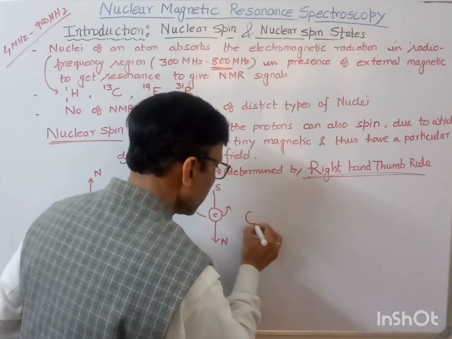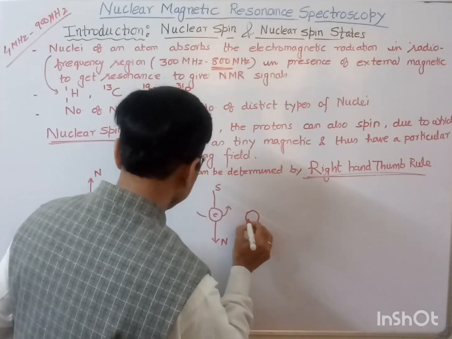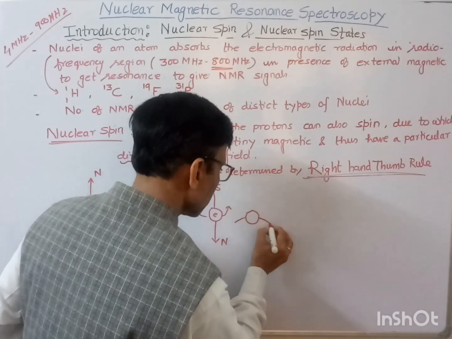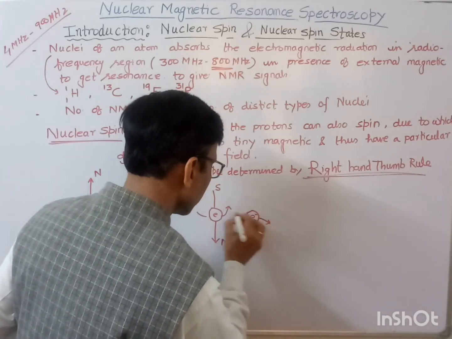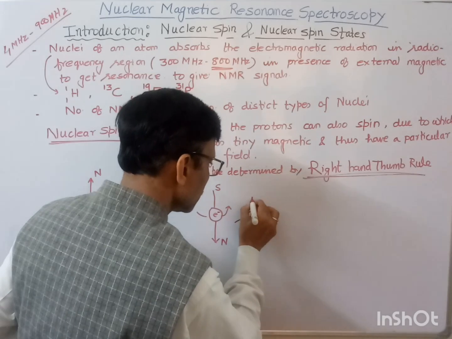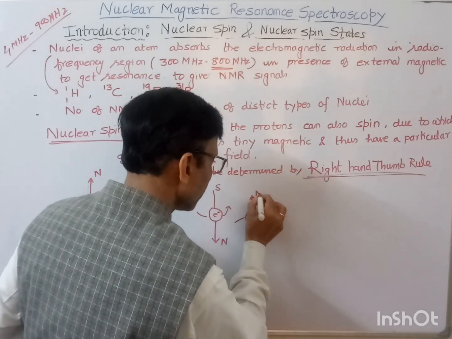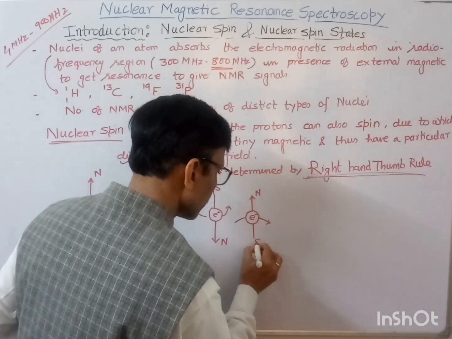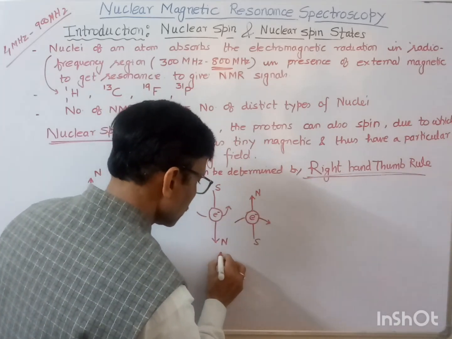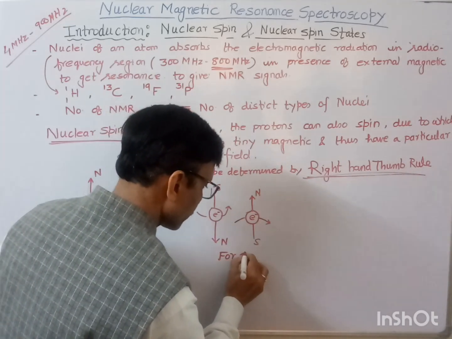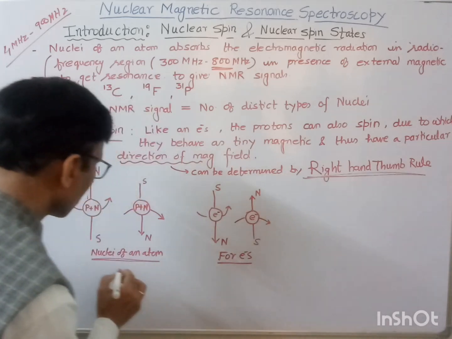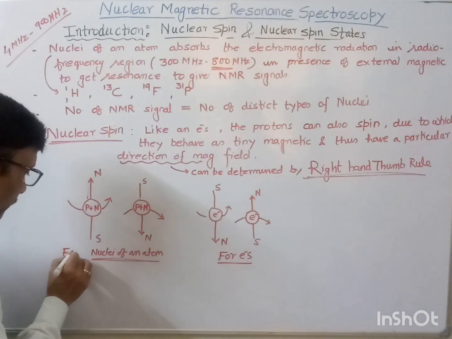And if the electron is rotating like this, then this would be the direction of the magnetic field. So this is for the electron, and this is for the nuclei of an atom.